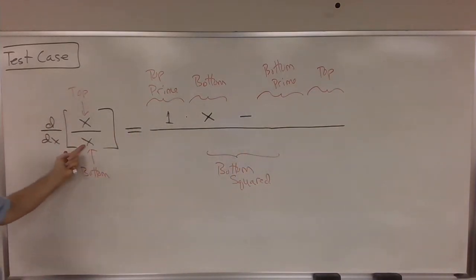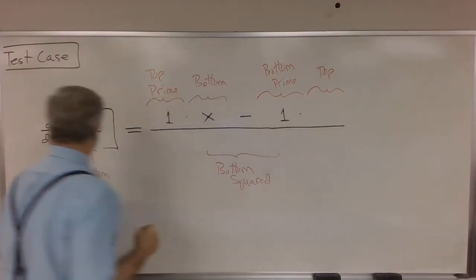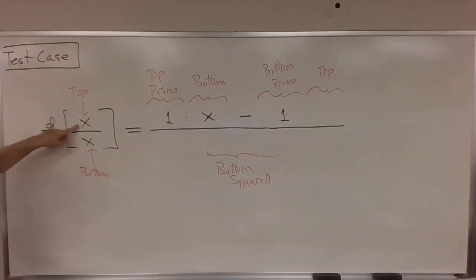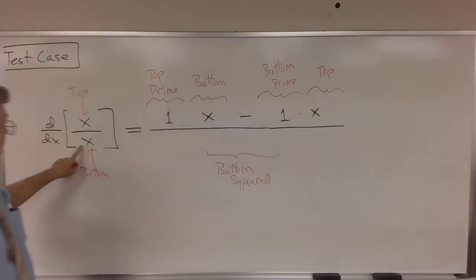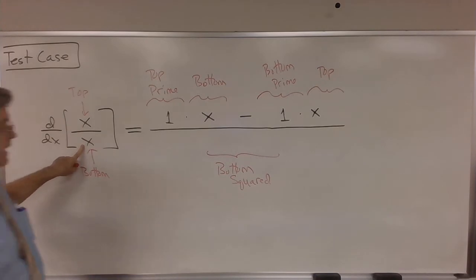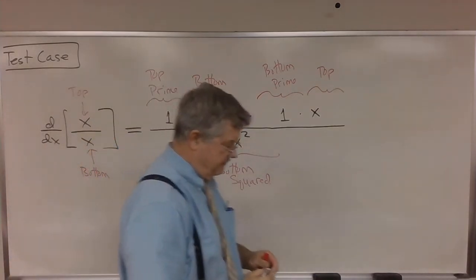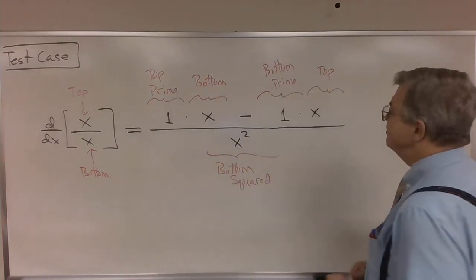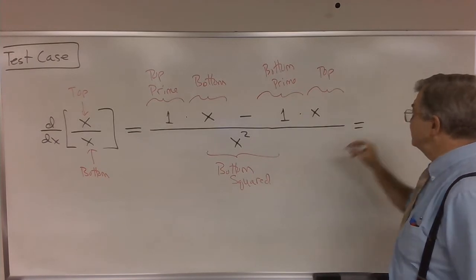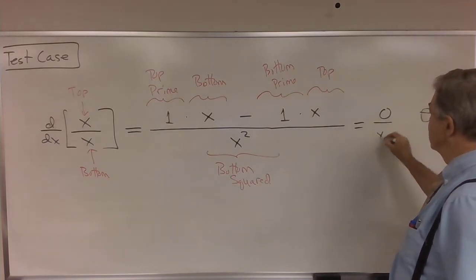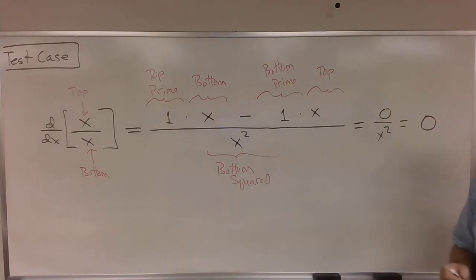The derivative of the bottom is 1, times the top, all over the bottom squared. There. Now let's just simplify it. I have x minus x is 0 over x squared, and that's 0.